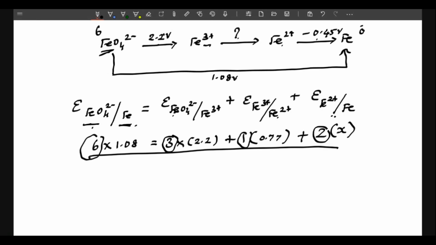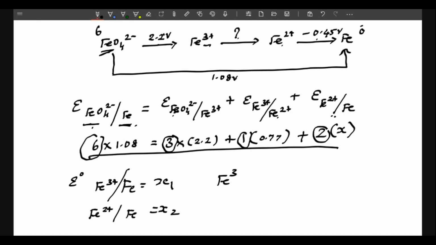Then the next and last type of this problem, take down the problem. The epsilon naught of Fe3 plus to Fe is equal to X volt. Fe2 plus to Fe is X1 volt, and this is X2 volt. Then find the epsilon for Fe3 plus to Fe2 plus. Find the answer.